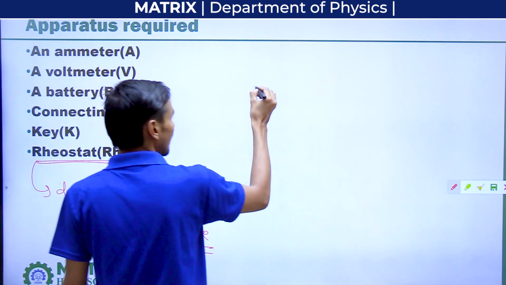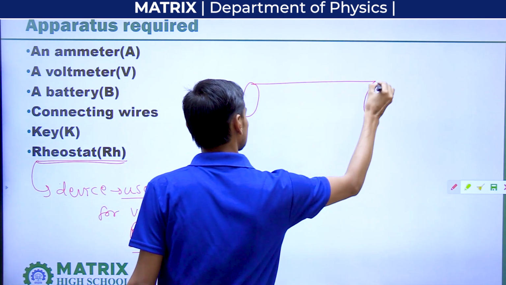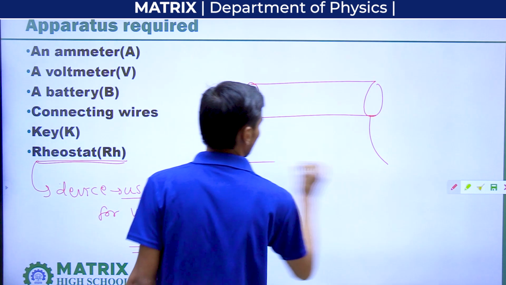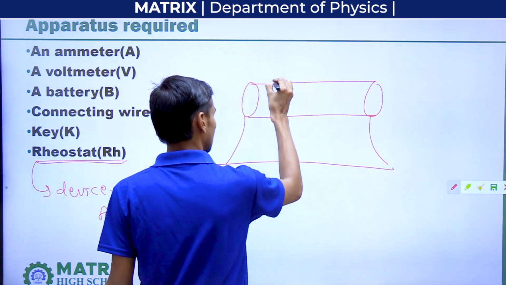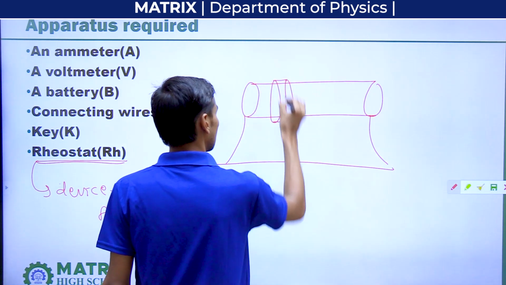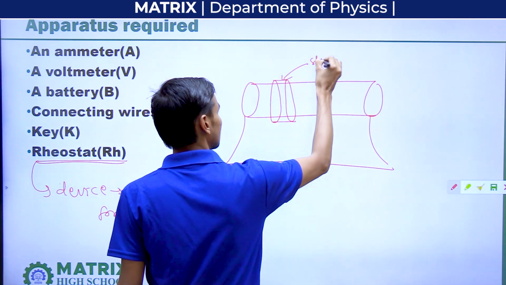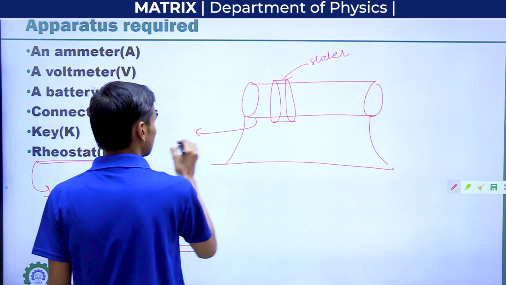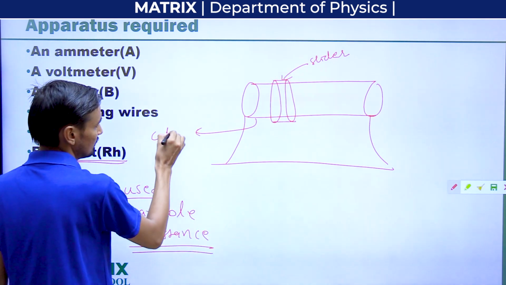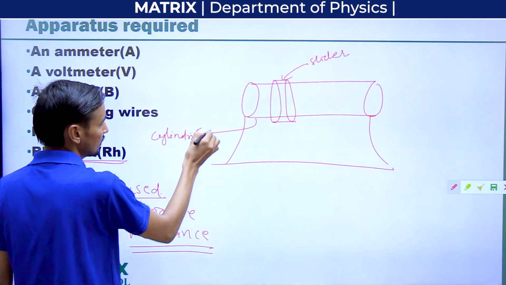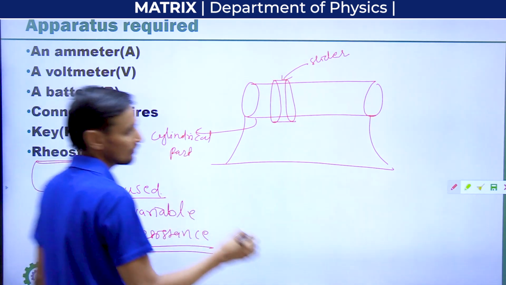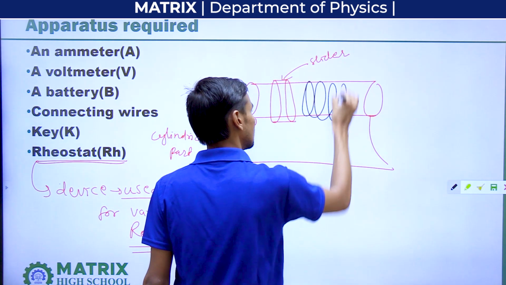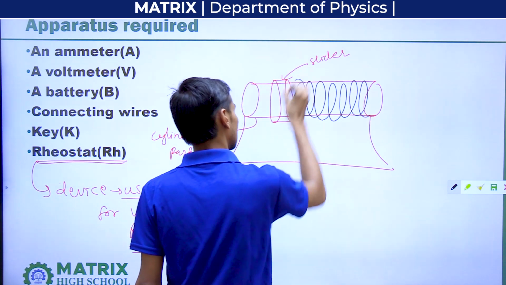It is made like this: this is a slider, and this is a cylindrical part, on which there are wires having turns like this.